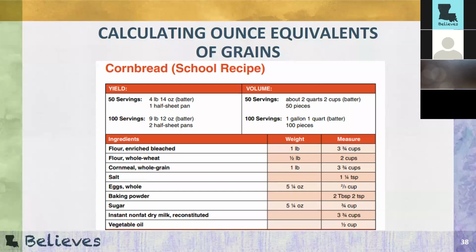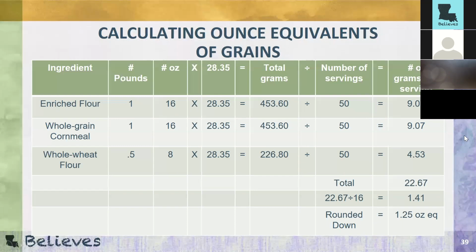Then if we're using a recipe, we can use the weight of the grain in a recipe. And this particular recipe for cornbread includes 2.5 pounds of grain for 50 servings of cornbread. This one gets a little more complicated. We're going to look at the total weight of each grain. We're going to take the number of pounds, convert it to ounces, multiply it by 28.35 because that's the number of grams in an ounce.